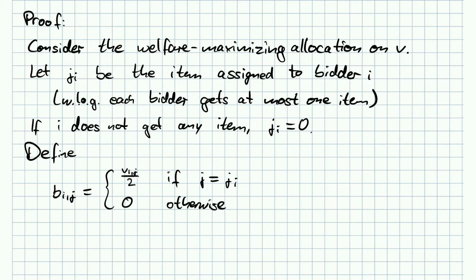Which means every bidder is now bidding half their value only on the item that they're getting in the optimal solution and nothing on any other item. You should observe that this immediately makes sure that you're not getting more than one item. It might happen that you're getting no item or that you're getting the item that you're supposed to get in the optimal solution. And this is exactly why this now works out.